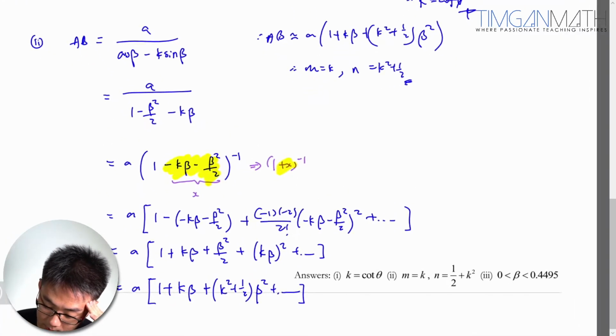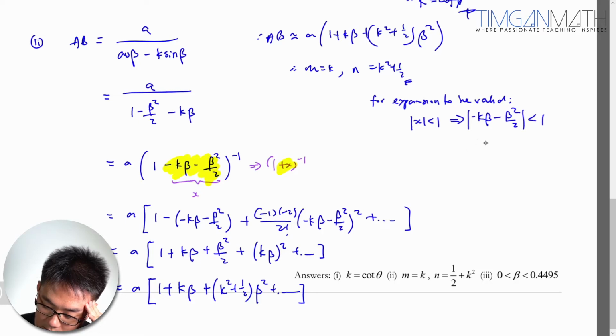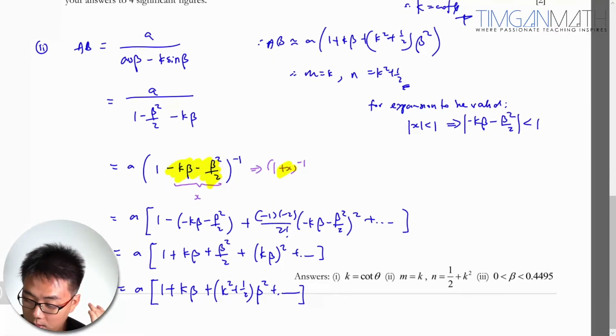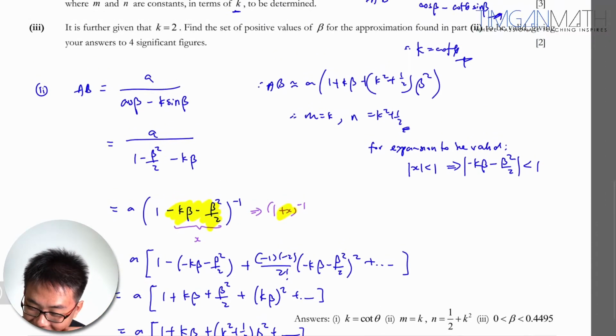Now what you're going to do is, for the expansion to be valid, you get mod x less than 1, which translates to mod of kβ plus β square over 2 less than 1.